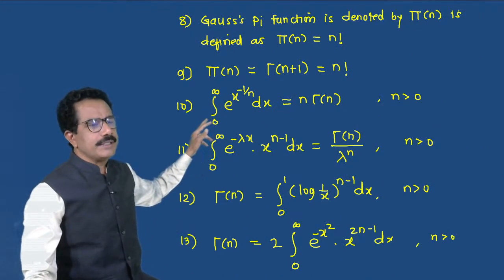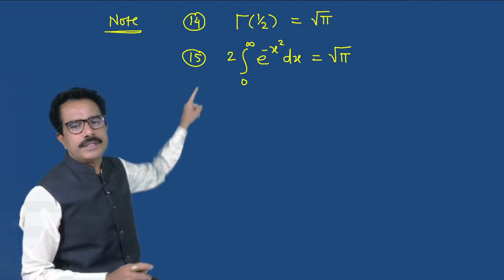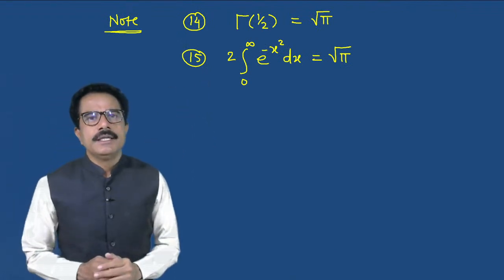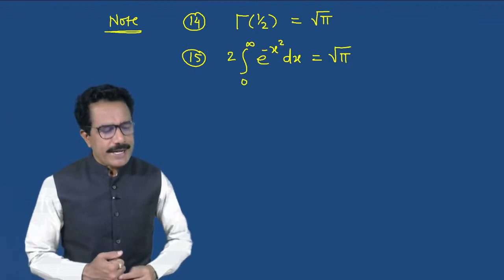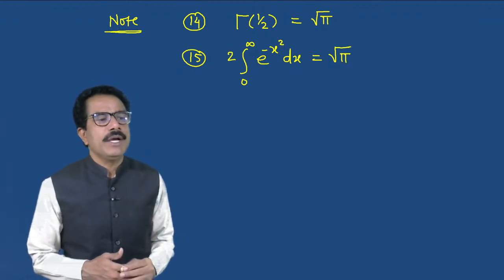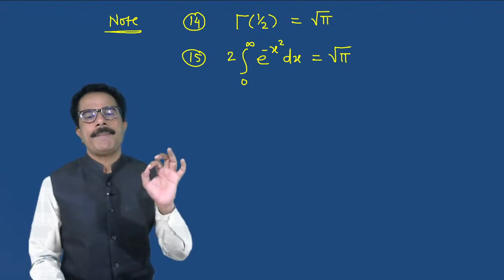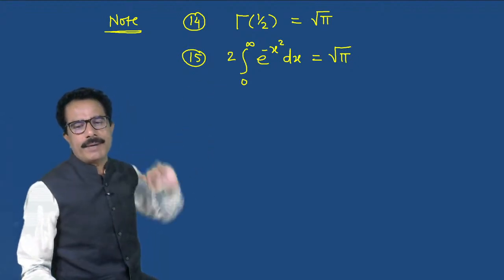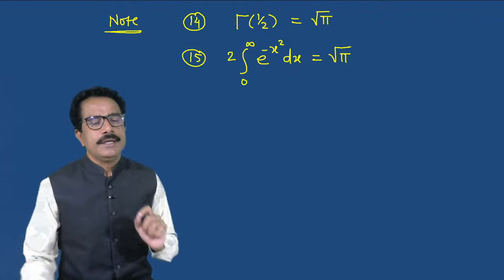Yesterday we saw this important property: gamma of 1 by 2 is given by root pi.